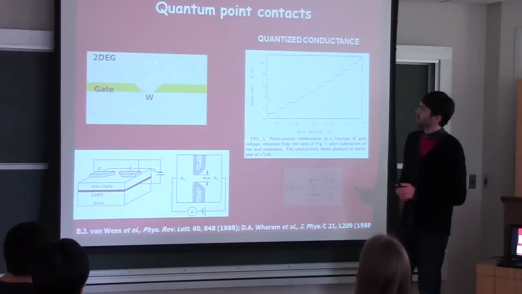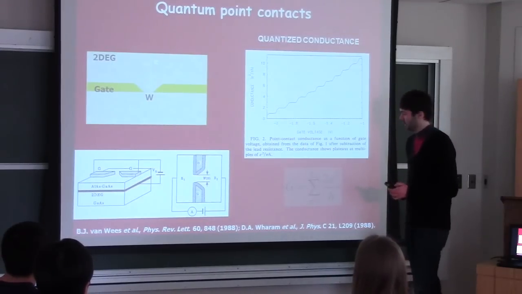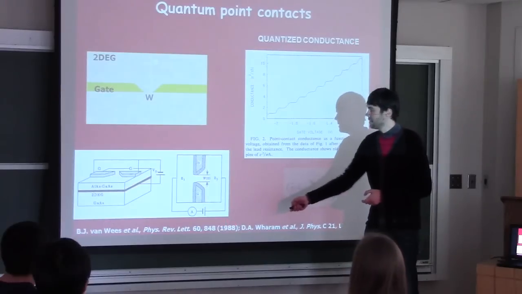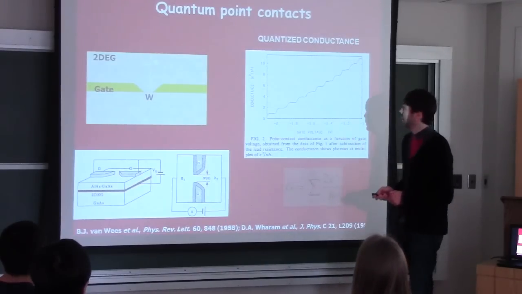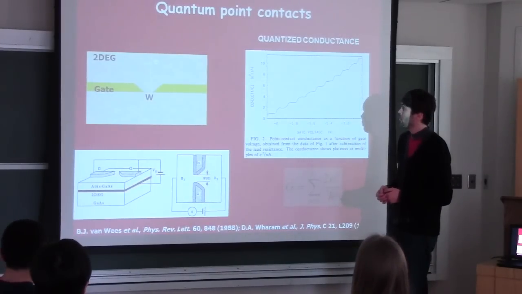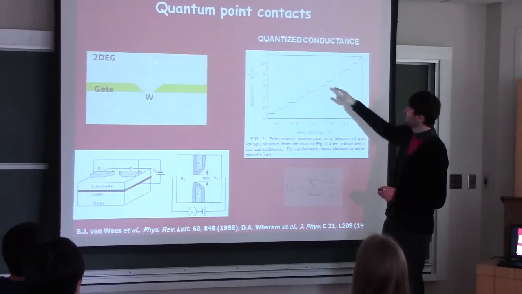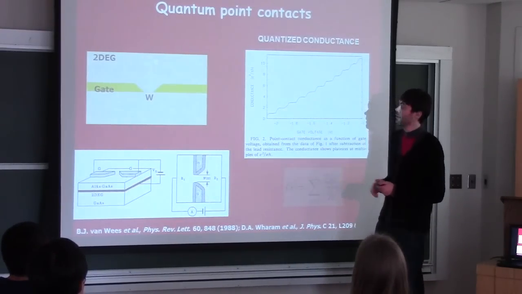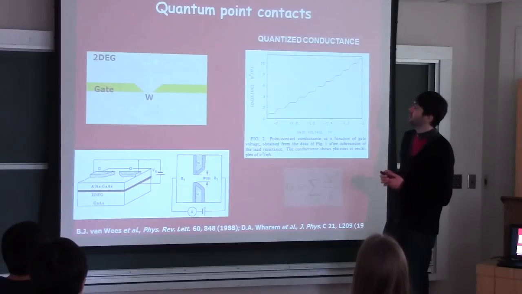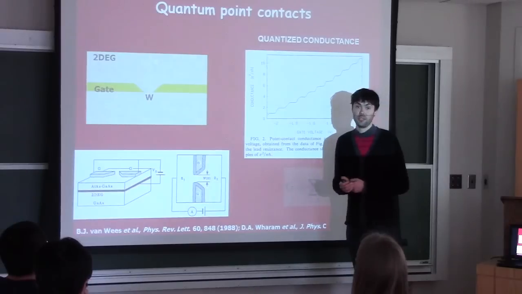So this one is somewhat similar and also not so new. It is from 1998, and it is very important because it shows, again, quantization of conductance as a function of gate in this case, but now it is in a one-dimensional system. Yeah?